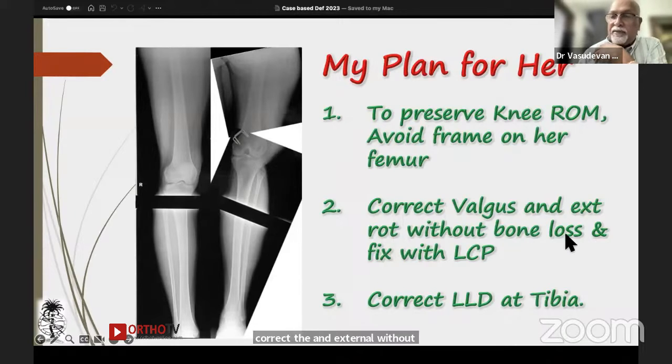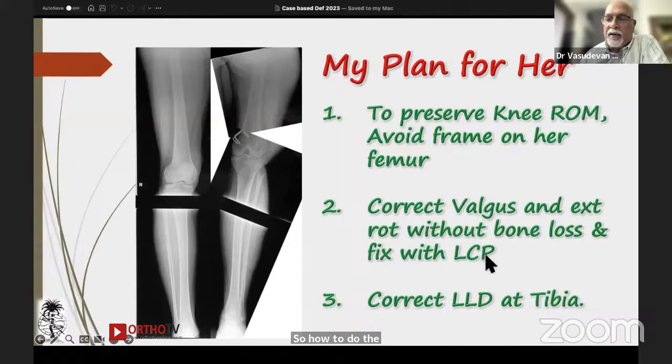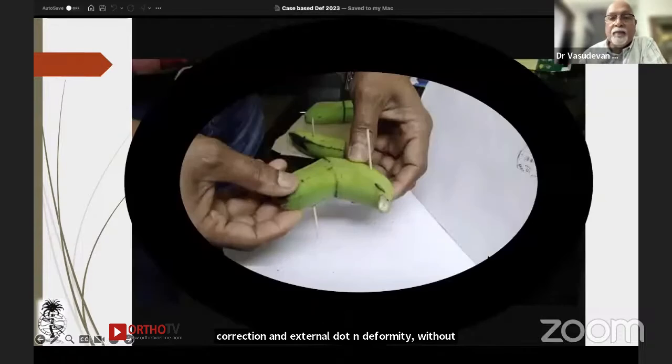I don't want to take any segment of bone out because I have to save maximum bone length. And still I have to fix it with the LC plate. And I have to correct the LLD in the tibia. So how to do the 36-degree valgus correction and external rotation deformity without removal of any wedges?